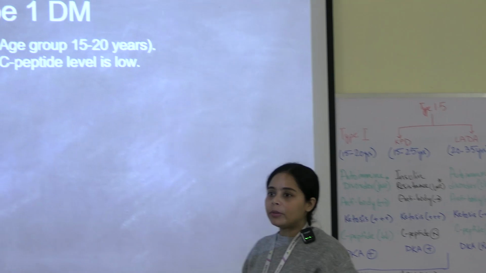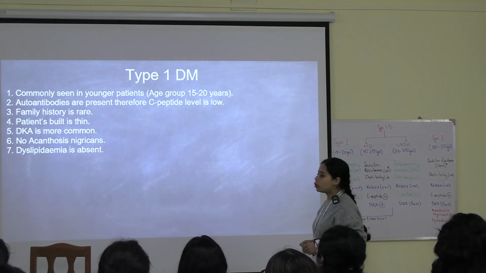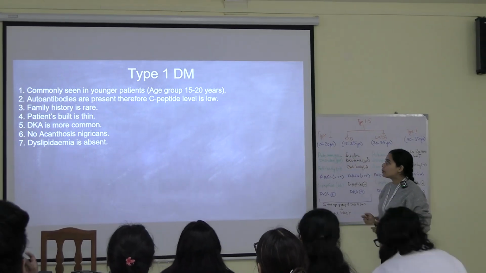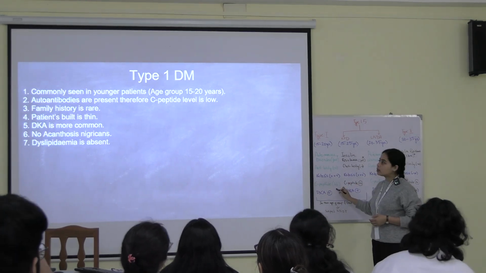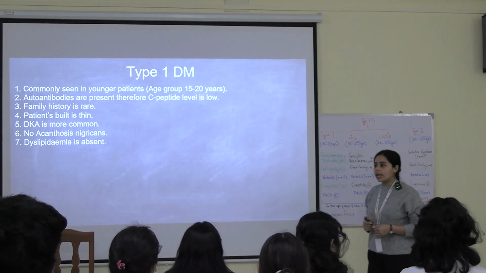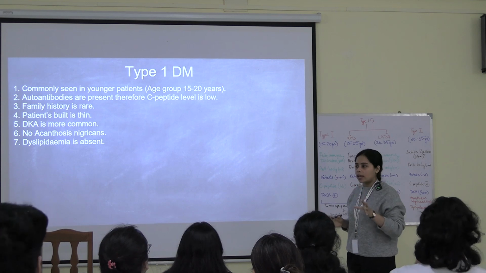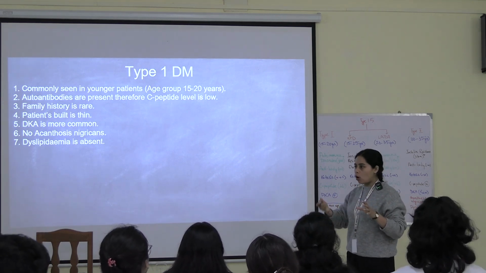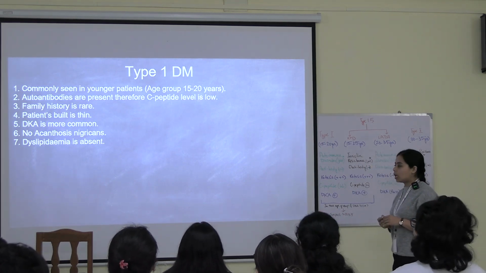So type 1 diabetes mellitus is commonly seen in younger patients, 15 to 20 years. Autoantibodies are present, therefore C-peptide is low. Family history is rare. It doesn't mean that if the parents are not having it, the offspring cannot have it. Then the patient's build is thin.